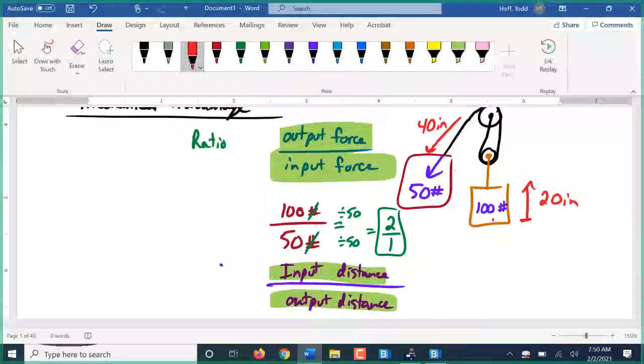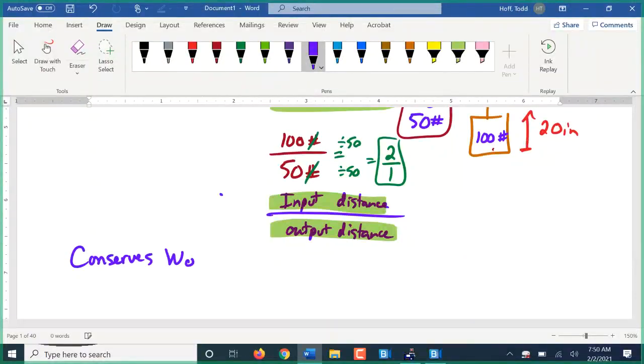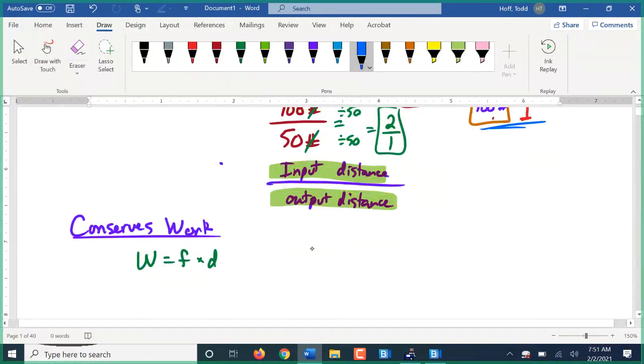How does that trade-off work? Well, a simple machine conserves work. Work is a force applied times the distance traveled. So over here, input work and output work have to equal the same.